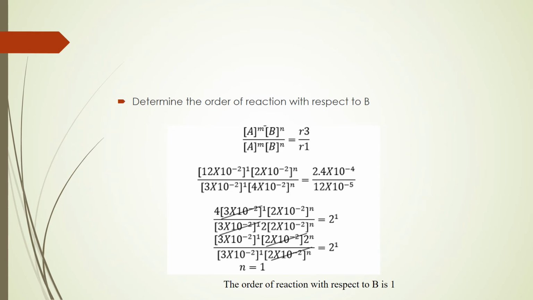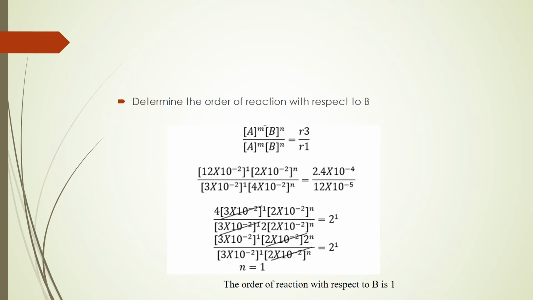From here, let's expand this and insert the value for A and B for each experiment. In this case, experiment 3 over experiment 1. Just now from our previous calculation, we know that the power for concentration of A is 1, and we insert the value of m, which equals 1, in this equation.